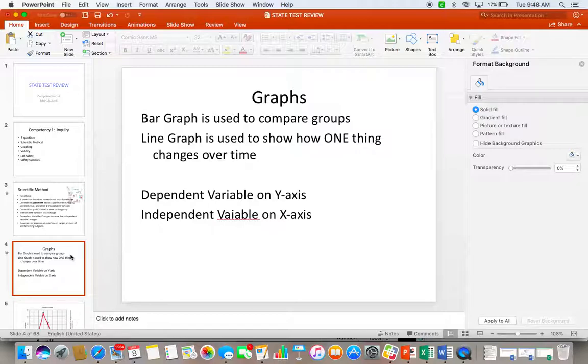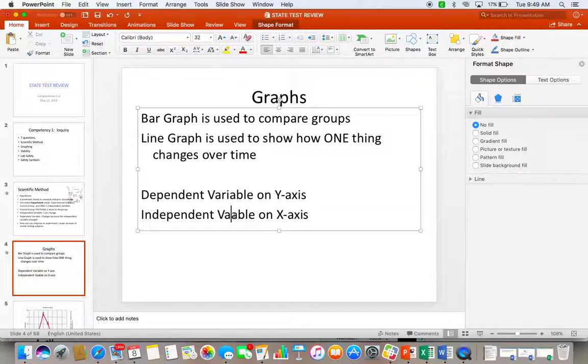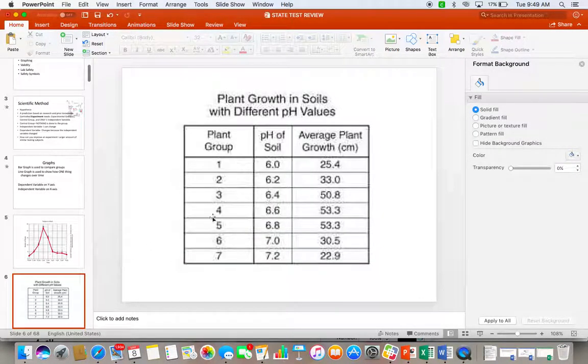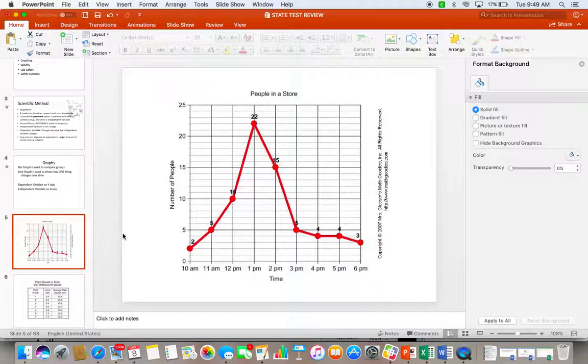When we look at graphs, we're always going to have our dependent variable on the x-axis and the independent variable on the y-axis. Down here we have a graph, and this is just a line graph, and we have our independent variable down here on the x-axis and our dependent variable on the y-axis, okay?